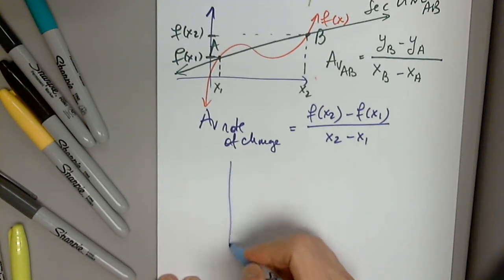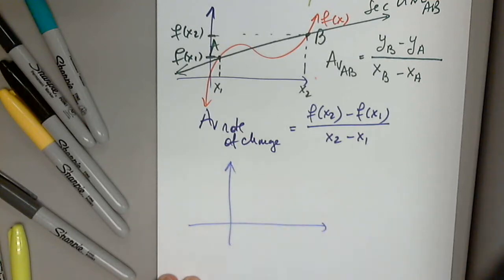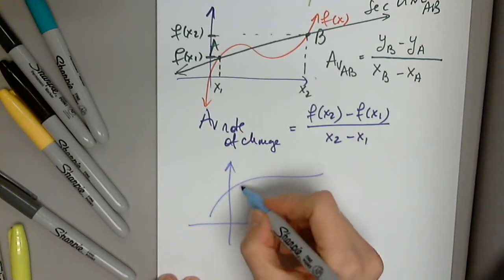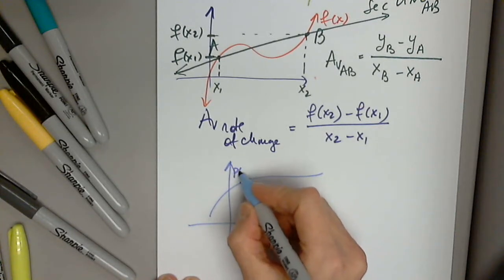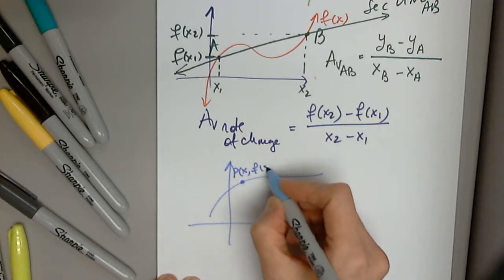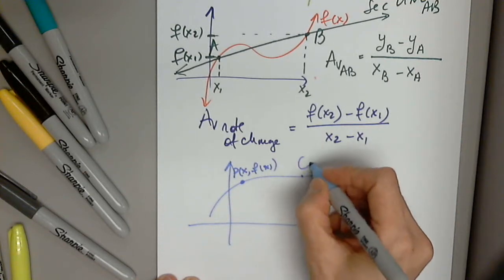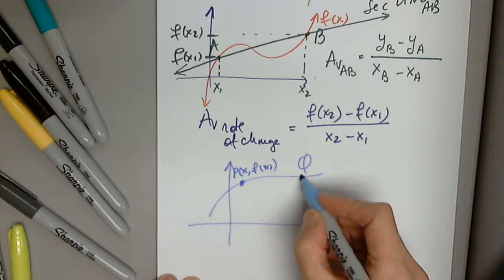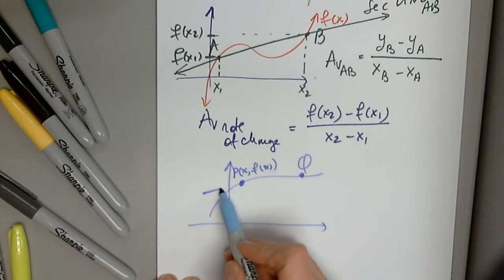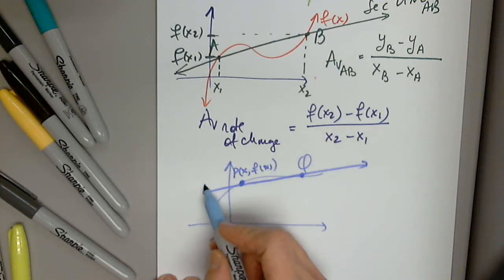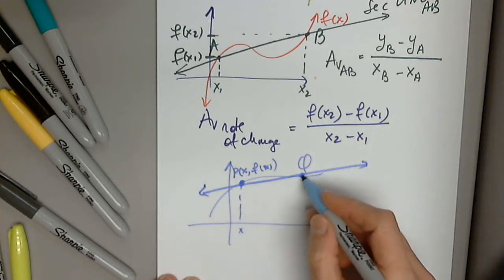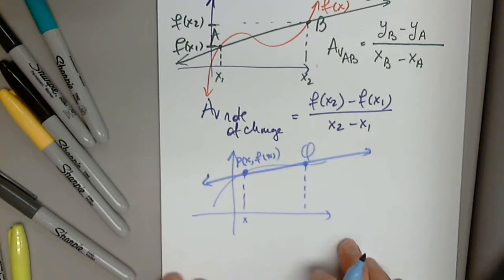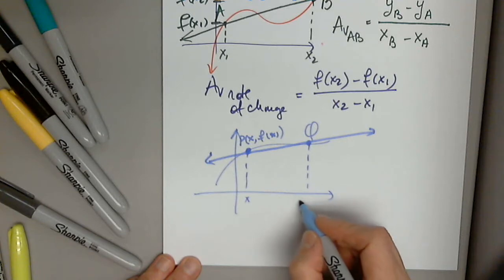Okay, so what was the difference quotient all about? Let's look at it just now. It was a point P of coordinates x, f of x. And what were the coordinates of Q? What did we say?